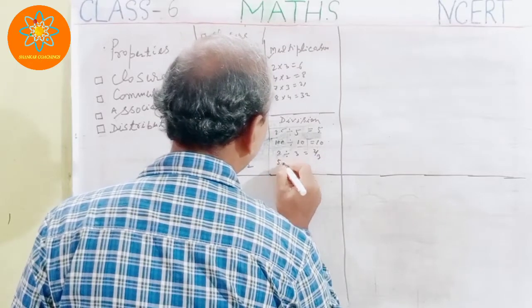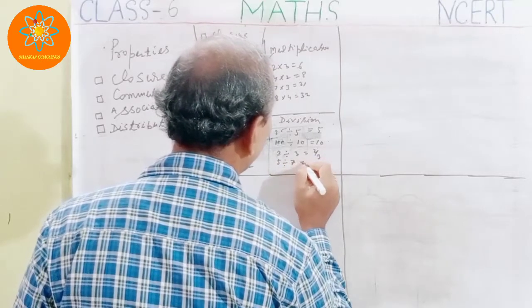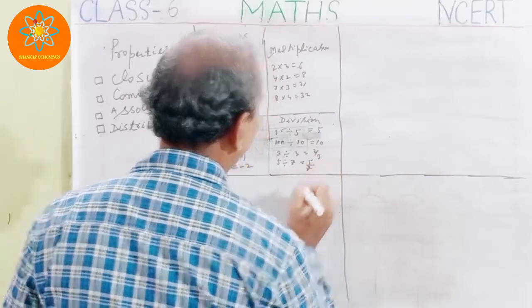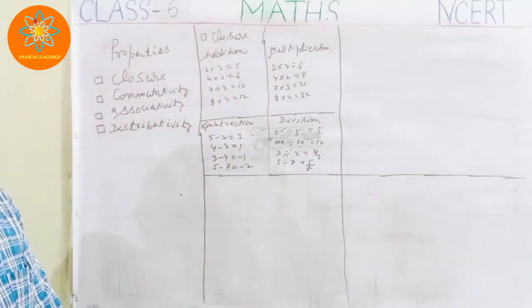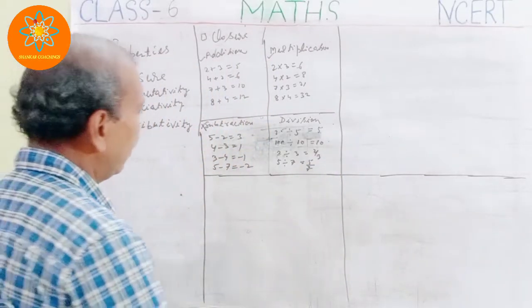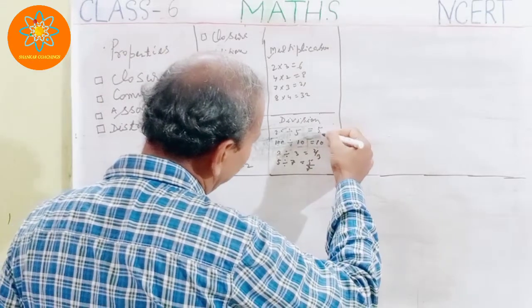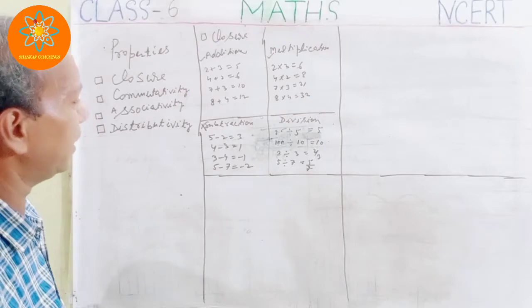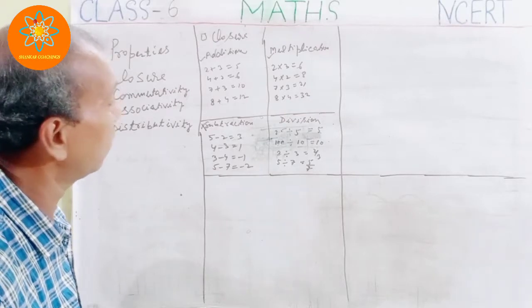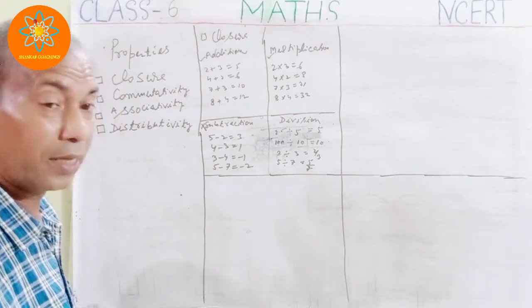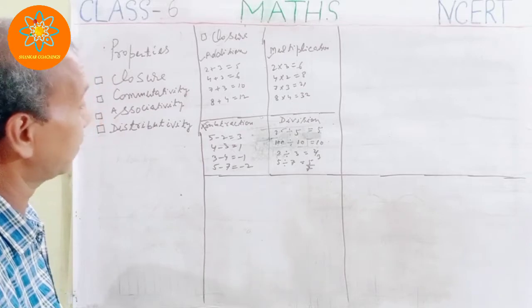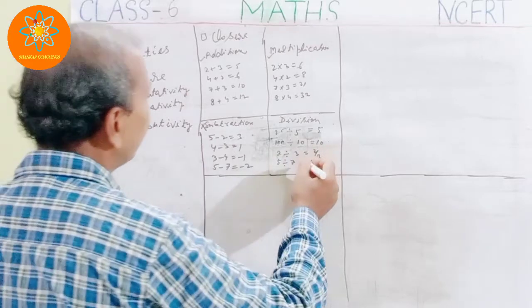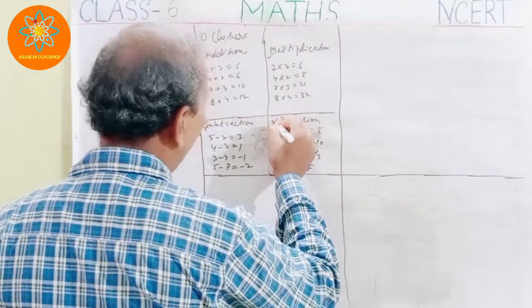Similarly, 5 divided by 7 is 5 by 7. In the case of division, 5 and 10 are whole numbers, while 2 by 3 and 5 by 7 are not whole numbers; they are rational numbers. So for division, the closure property is not true.